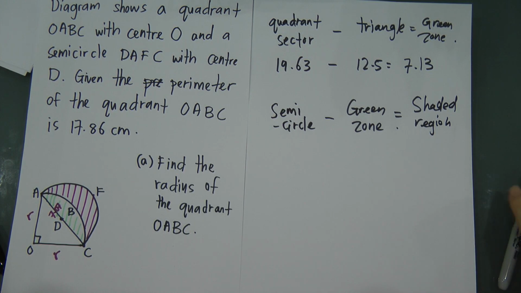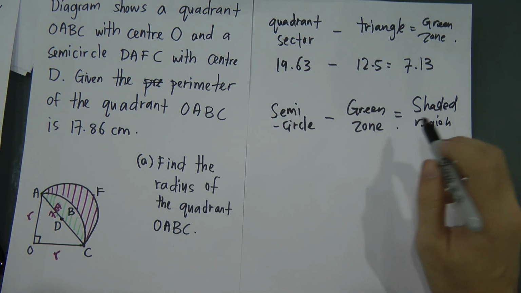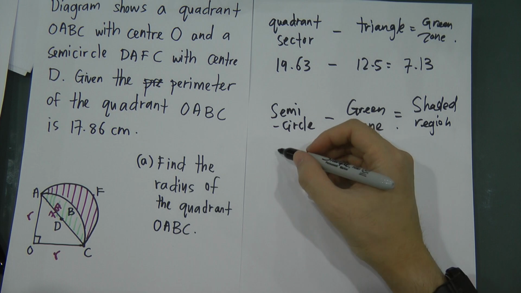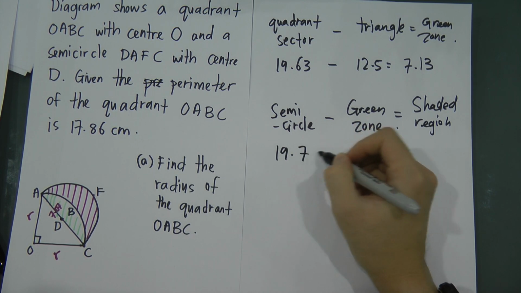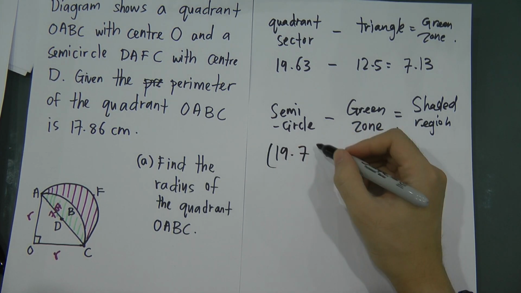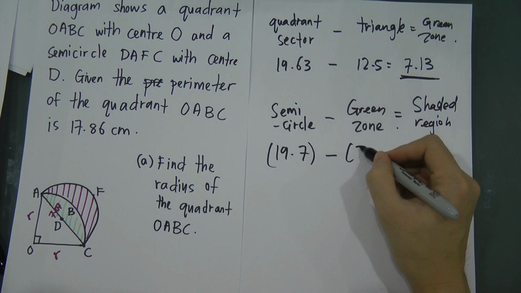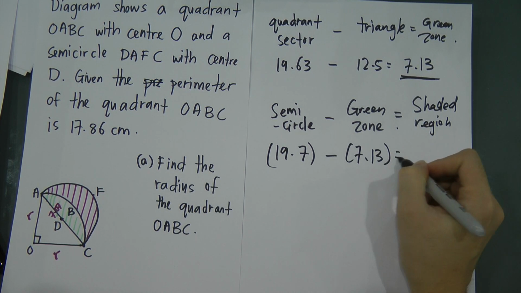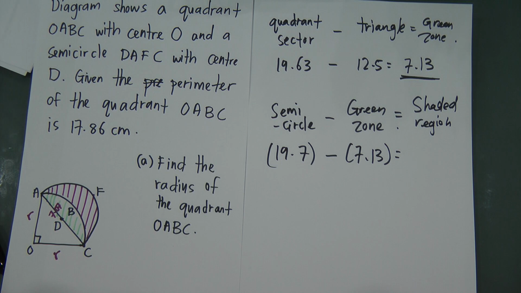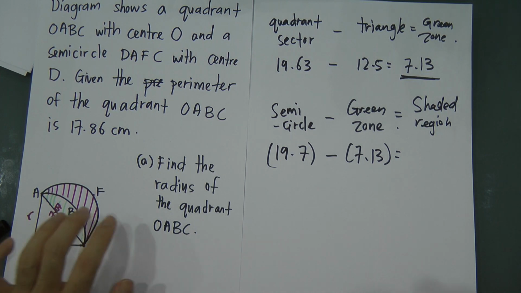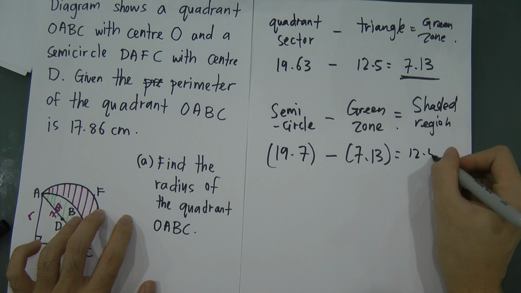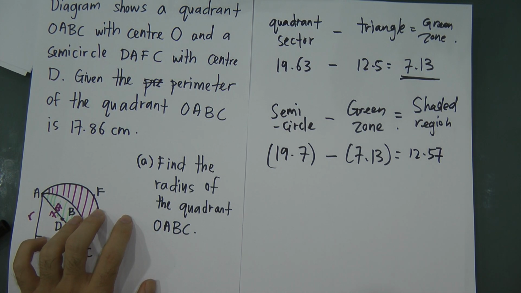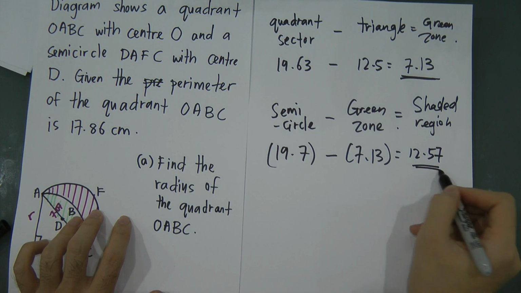The area of the semicircle we got just now will be 19.7. We minus the green zone, which is 7.13. What is the answer for the shaded region? Shaded region will be 19.7 minus 7.13, so it will be 12.57. So 12.57 is the shaded region.